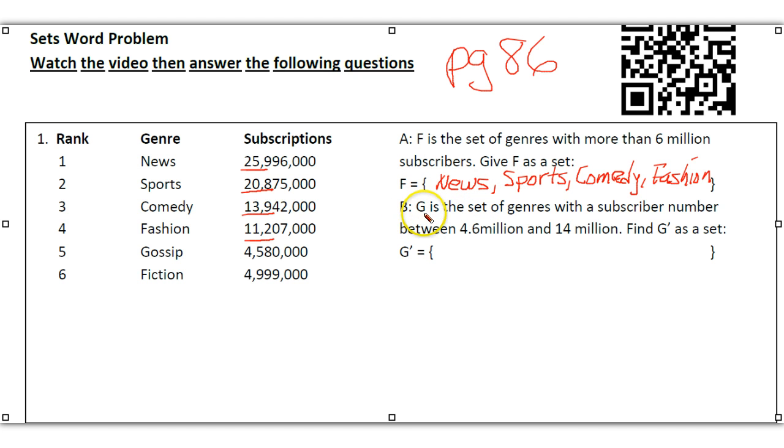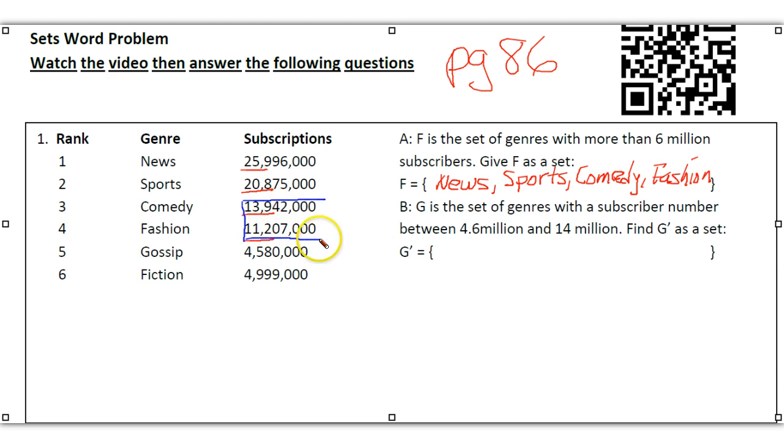Now, set G is the set of genres with the subscriber number between 4.6 and 14. So set G would be between 14 million, so it would start here, and 4.6. So it wouldn't include gossip because that's 4.5. So it's these two.